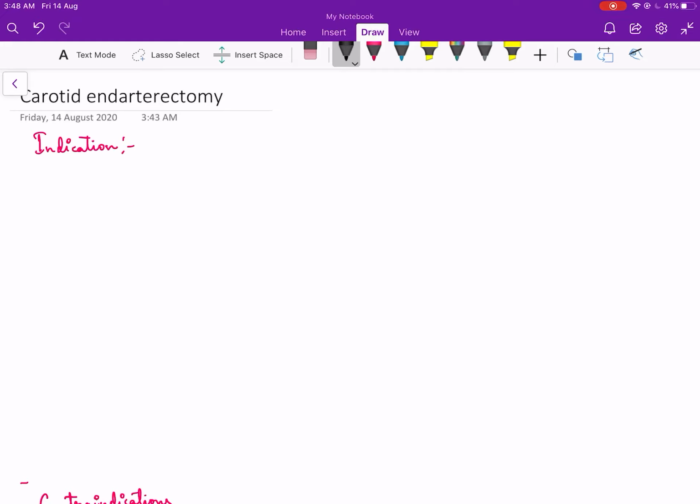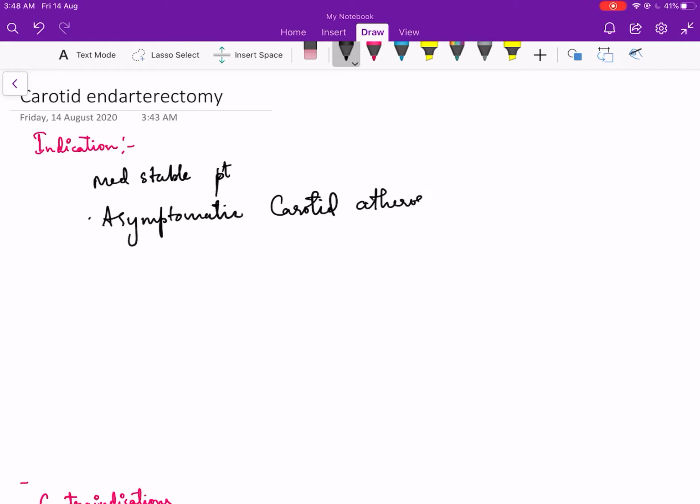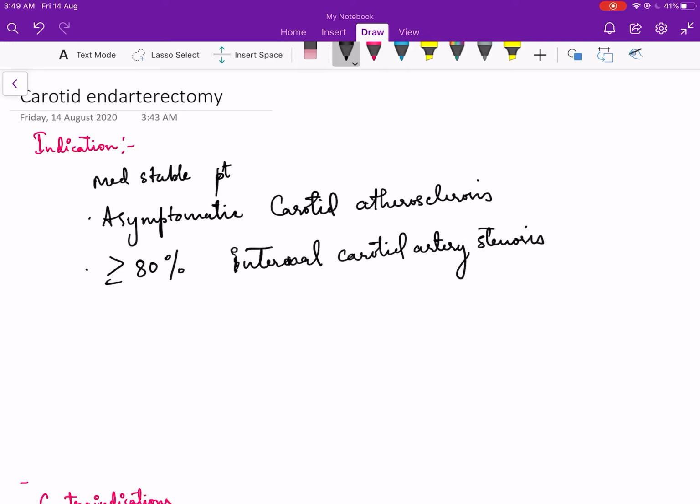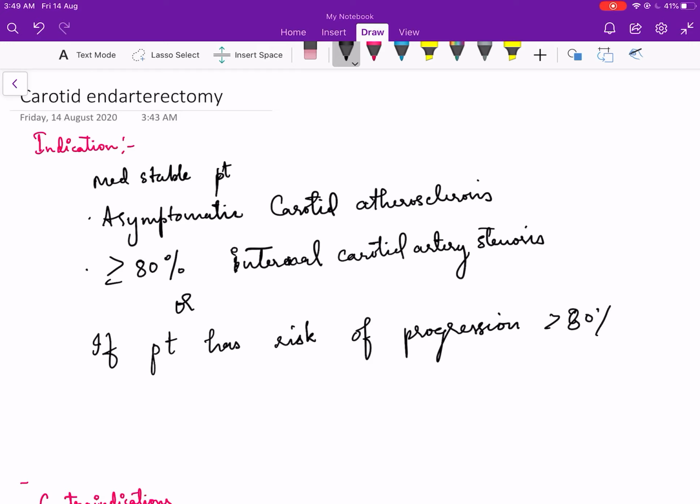It is indicated in a medically stable patient who has asymptomatic carotid atherosclerosis with more than 80% internal carotid artery stenosis, or if the patient has risk of progression to more than 80% despite medical therapy.